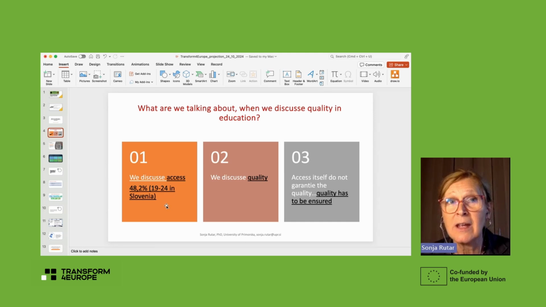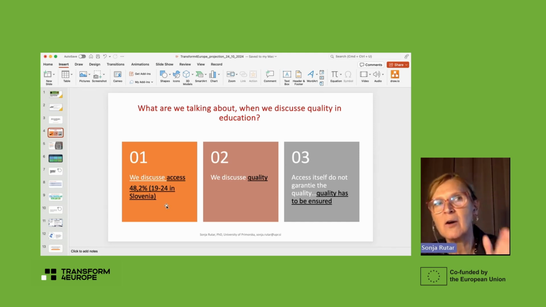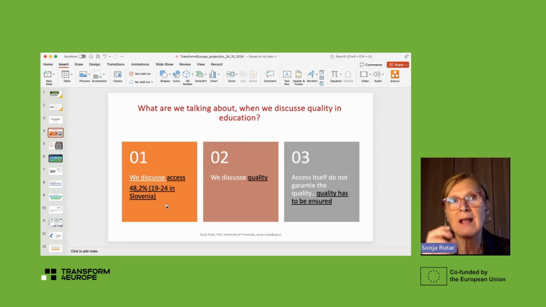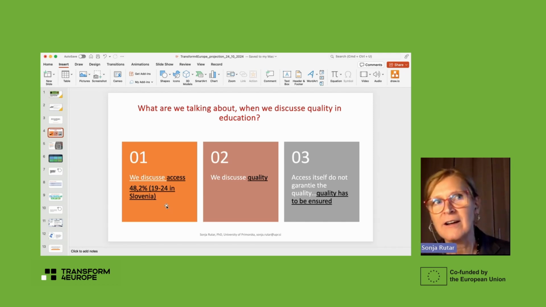This is one thing. And the other thing is what kind of environment is there for you to be successful. So it's not something we have to be proud of really if we have enough places for students to learn, but it's also important that there are conditions in place for students so that they could be successful there.